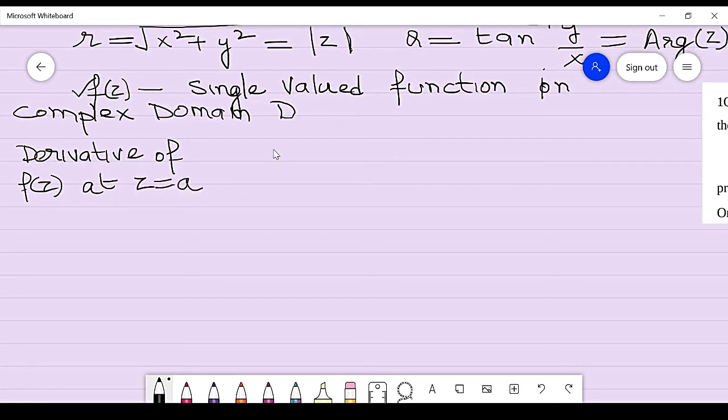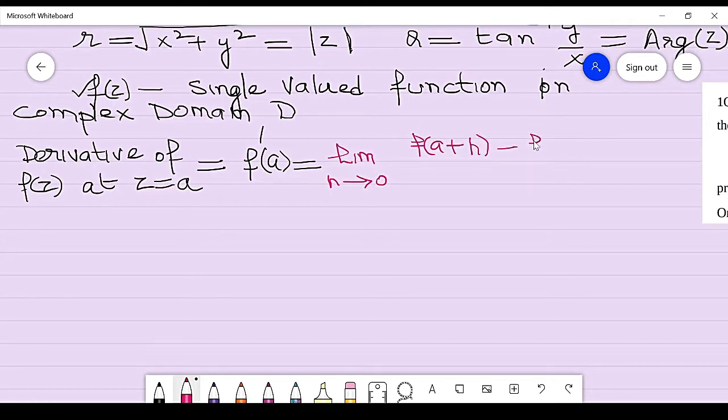Remember this: it is the derivative of the function at point a. By definition, this is equal to the limit as h approaches 0 of f of a plus h minus f of a, over h. This is equation number 1.